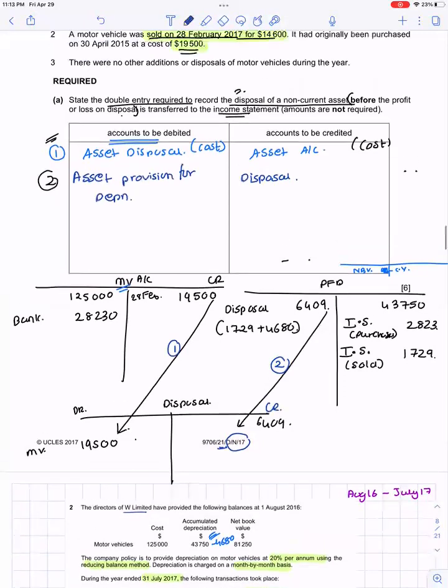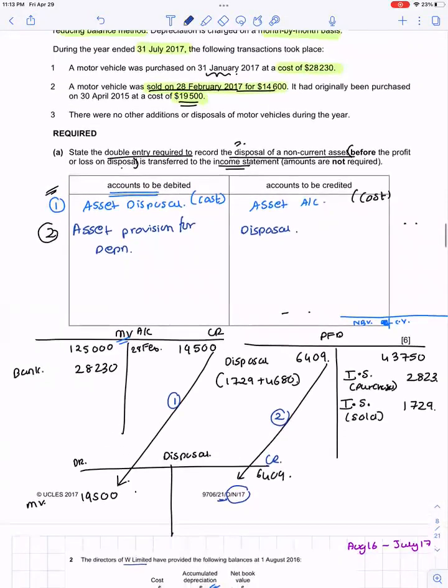Then how much did you sell the asset for? 14,600.